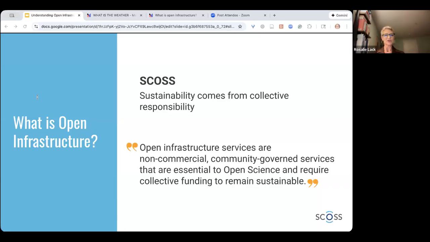So open infrastructure services are essential to open science, but it's essential that they be supported by the community. And SCOSS really reframes infrastructure support, not as a charity or a possible optional sponsorship, but as a shared responsibility that by pooling resources, all stakeholders can contribute and benefit from this system.